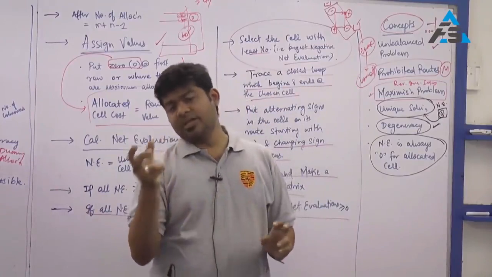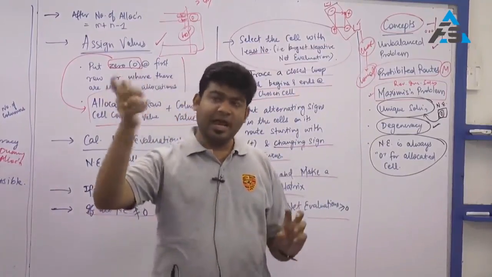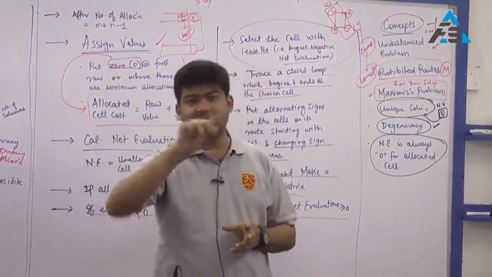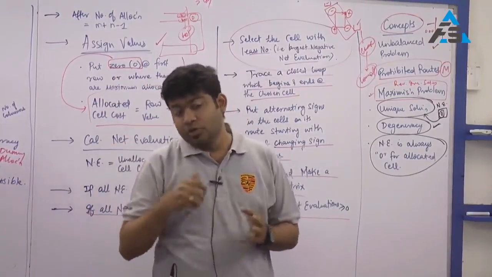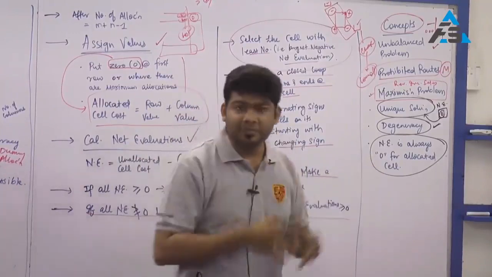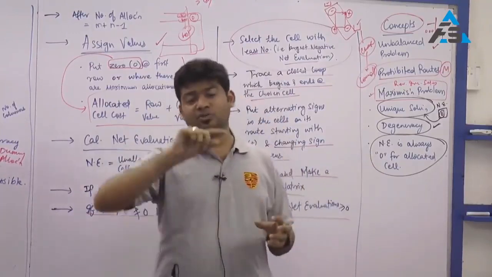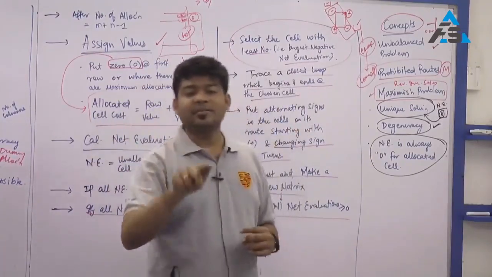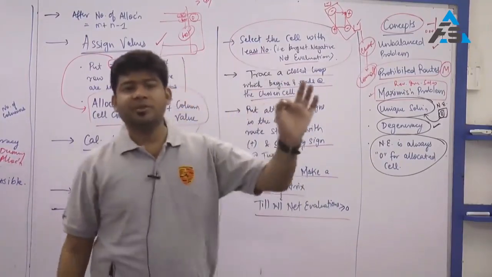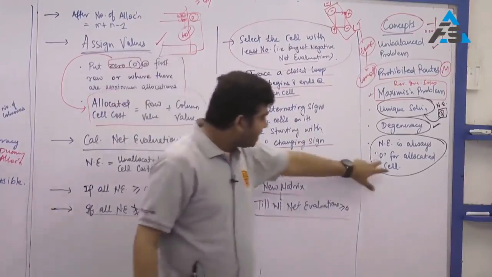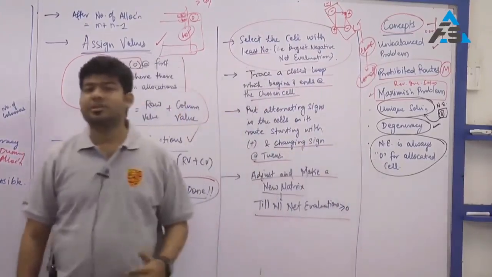So there will be certain dependent cells where there is allocation and you will see net evaluation is 0. But for certain cells where the net evaluation is not 0, you may be asked when this particular route may be used. In that case, you will tell them that when the net evaluation of that independent cell becomes 0, we will be able to use that particular cell as well. So that can also be asked as a concept question.